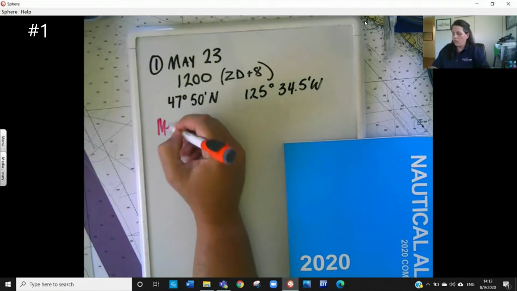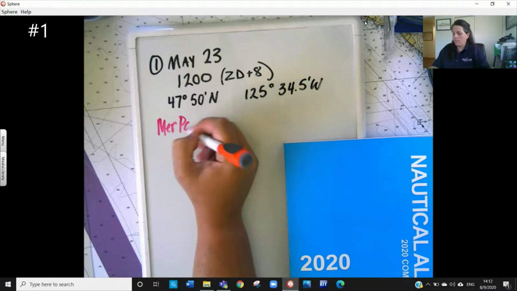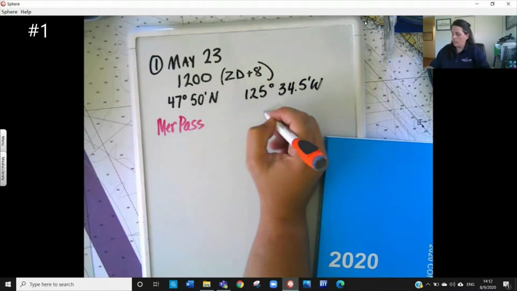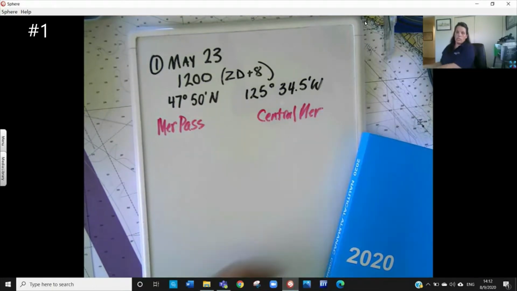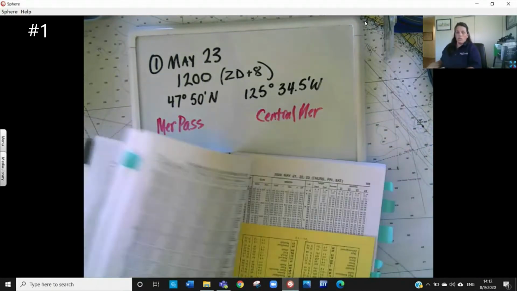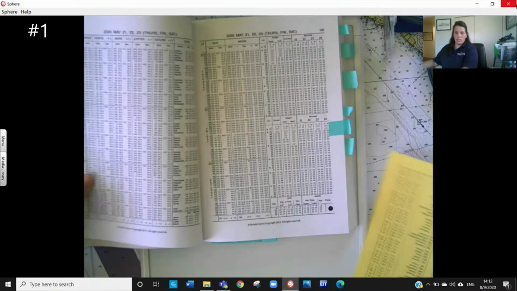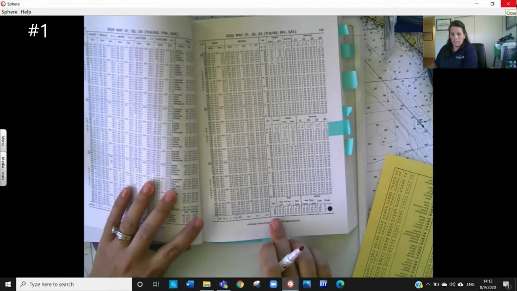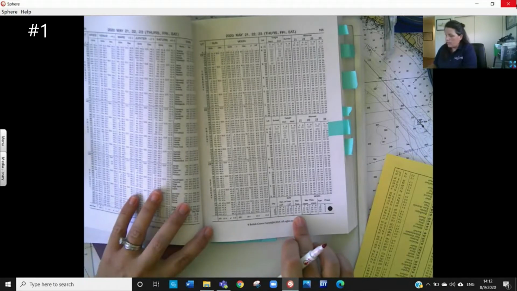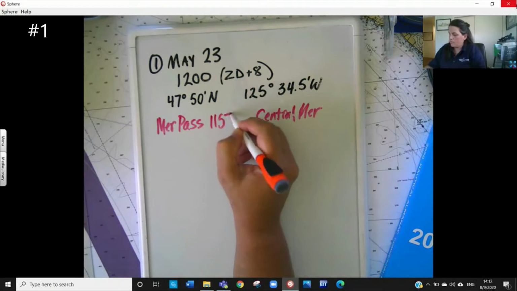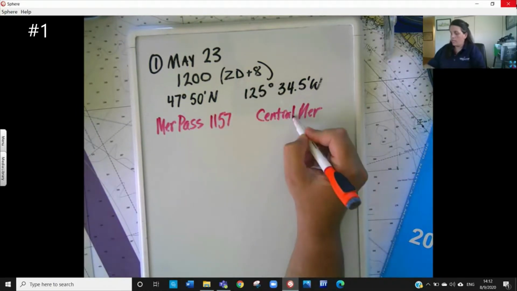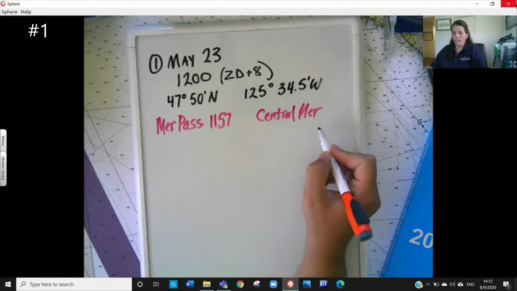Our two questions here are: what is our meridian passage, and what is our central meridian. Our meridian passage for May 23rd is down at the bottom, at 11:57. And that is the sun passing the central meridian at 11:57.